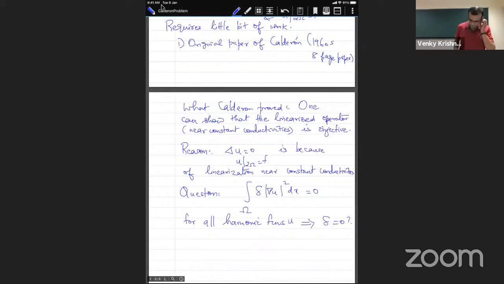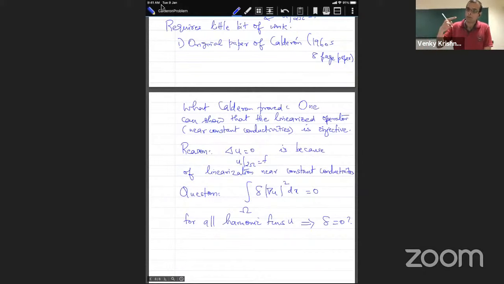So one of the difficulties when you consider partial data inverse problems is that you need to have enough harmonic functions which also vanish on a part of the boundary.